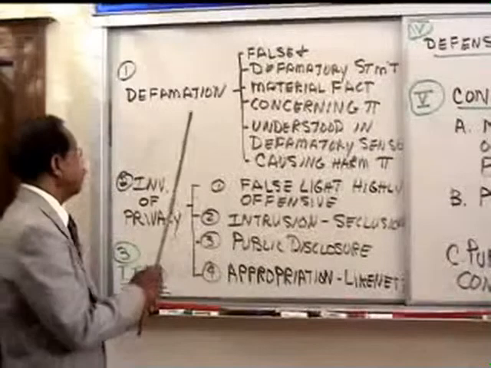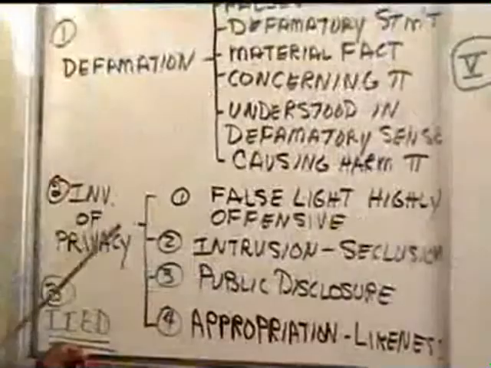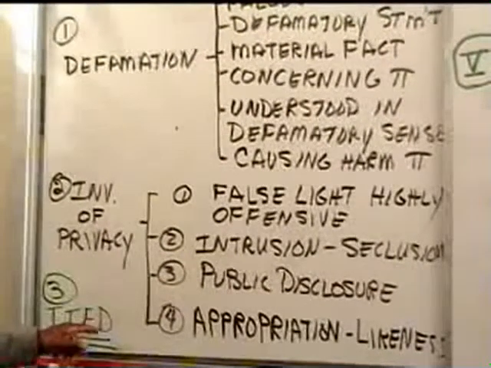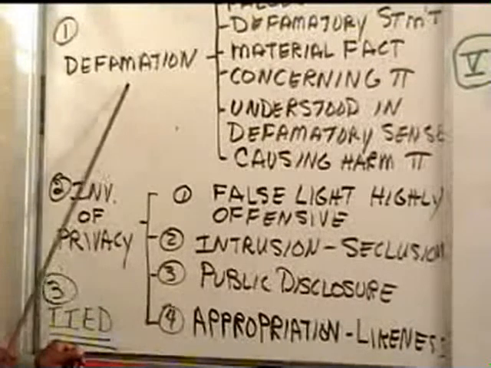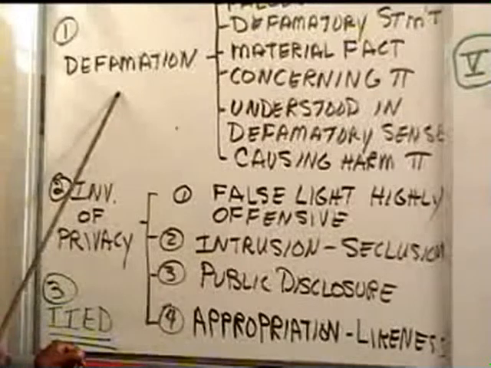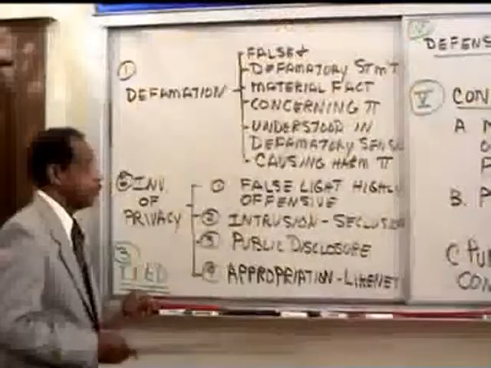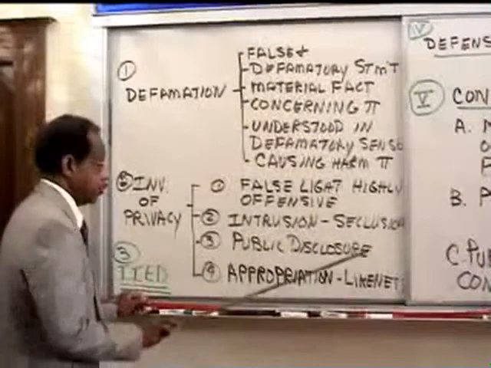So these three torts go together: defamation, invasion of privacy, intentional infliction of severe emotional distress. We're going to spend most of our time today on defamation because by far it is the more complicated of these three torts. So let's look at the issues of defamation.